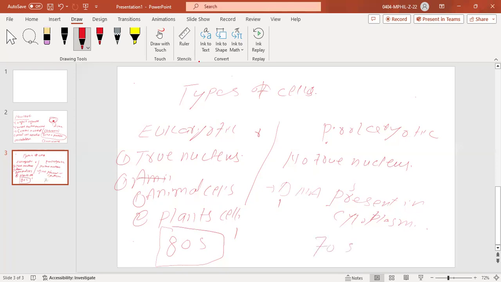These are a few differences that we are learning here between these two types of cells. One is eukaryotic, with a nucleus, and the main categories of eukaryotic cells are animal cells and plant cells. The ribosome here is 80S, in the case of prokaryotes it is 70S.